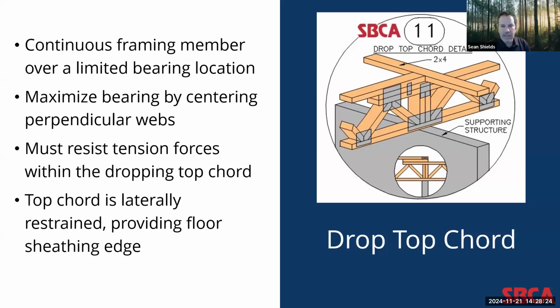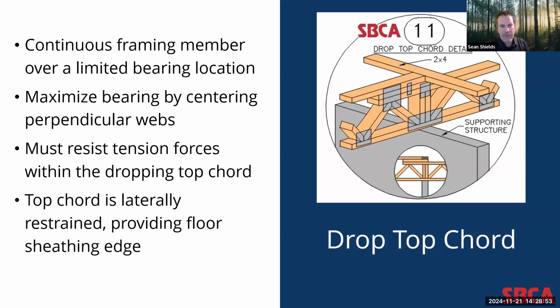Similar to other details, it's vital to maximize the bearing location and center the perpendicular webs over the supporting structure. As the top chord drops, the tension forces in the top chord need to be transferred to the top chord of the portion of the truss with the lower profile. Now, those tension forces are transferred through the middle section of the transition board in the middle between the top chords.